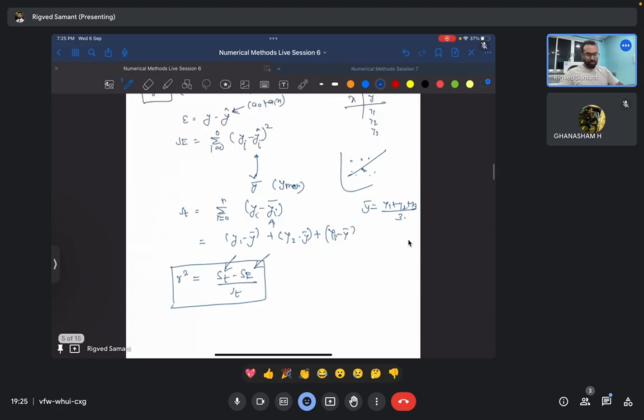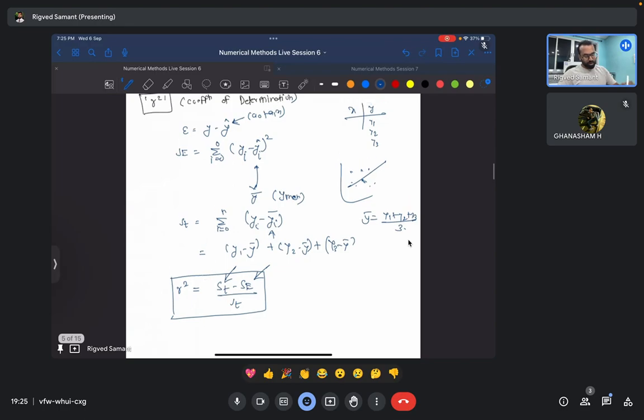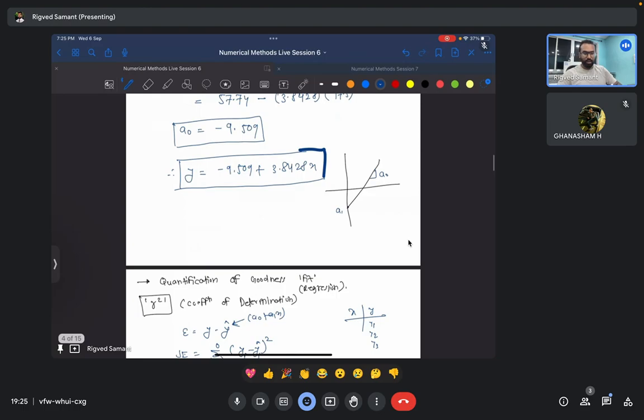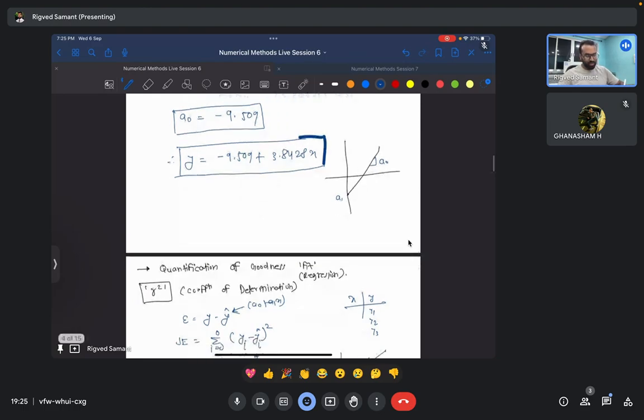SE is what? You started with the X and Y data, then you fitted one model, you got this model. Now you have these X values, right? You put the X values here and you find the Y value.